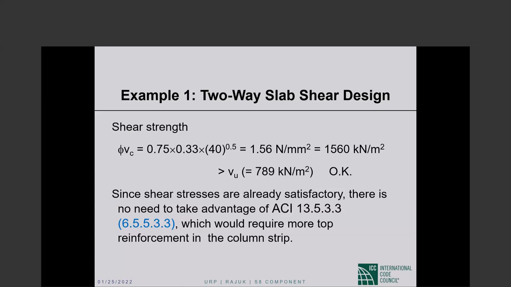This is an edge column, bending perpendicular to the edge. We could have increased gamma sub f from 0.62 all the way to 1. That would have given us 0 moment transfer shear, and the shear stresses would have been even lower.